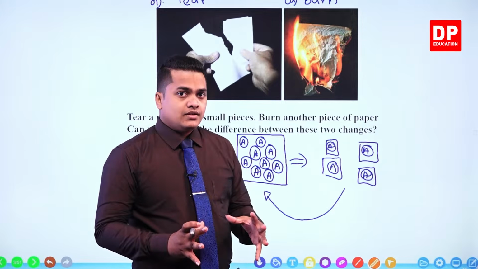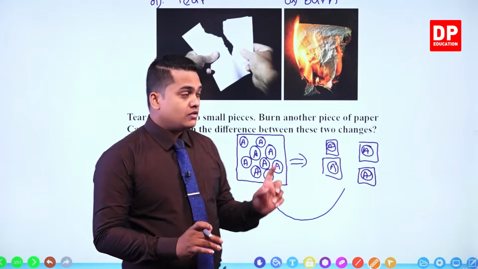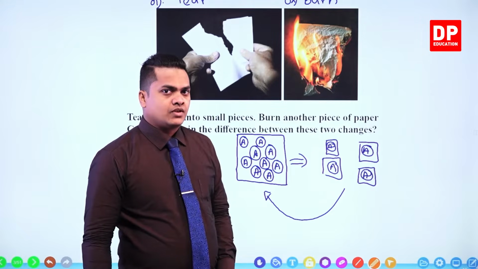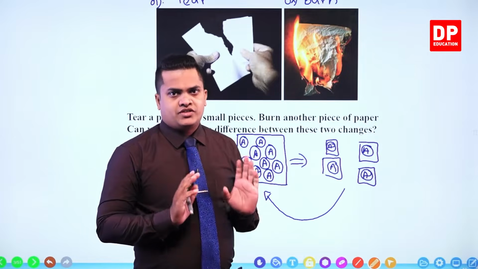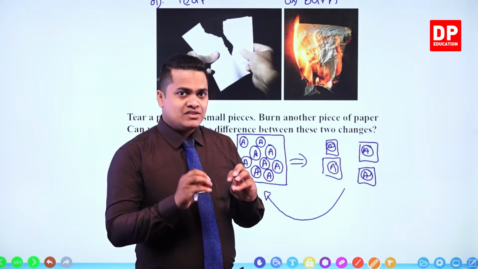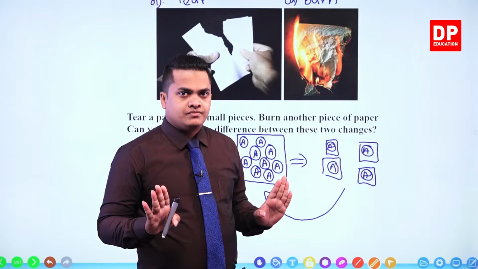So that's the first change which occurs for the piece of paper when it is torn. What has happened there? Only the size has changed. The composition or the materials inside the matter haven't changed at all.